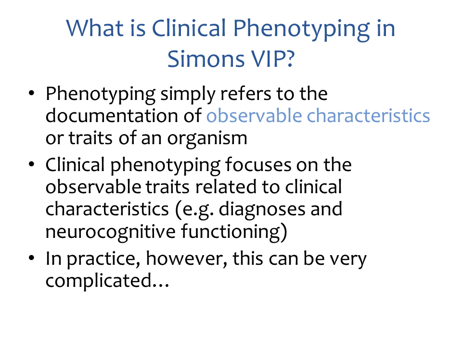So it sounds kind of easy when we say, well, clinical phenotyping, we're just focusing on those observable traits related to clinical characteristics. But this actually can be very complicated. The example I would use to start is that anytime we try to capture or quantify behavior, we have to think about a lot of different factors.